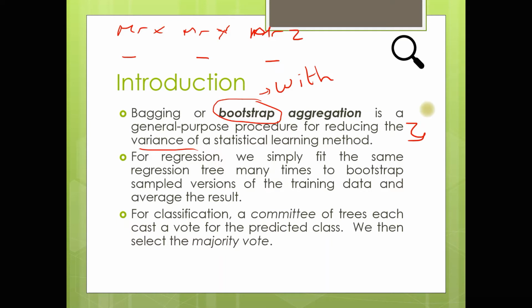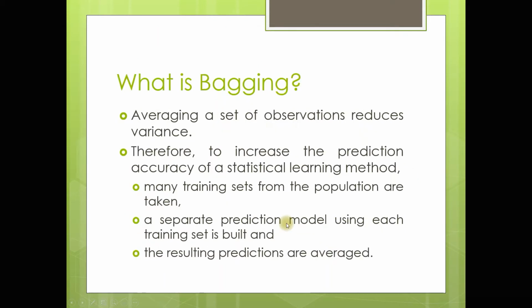Then what you need to do is to check which one has got the majority vote. And the one which has got the majority vote would be your final result in the end. So that's a little bit about what bagging is normally.